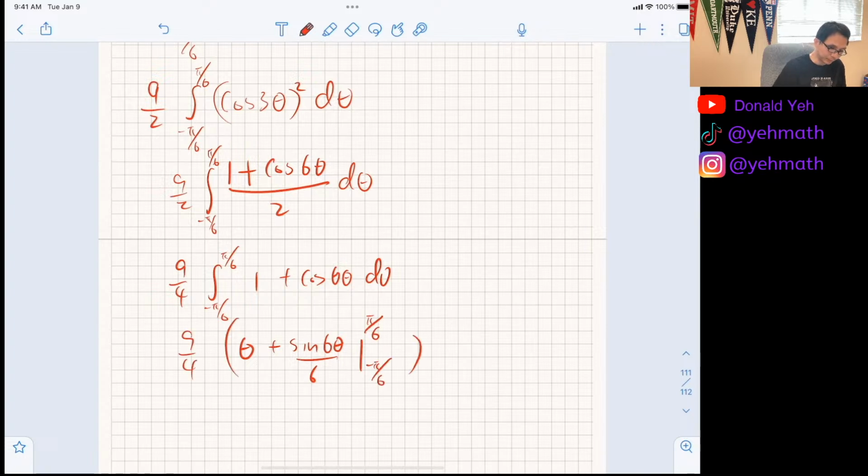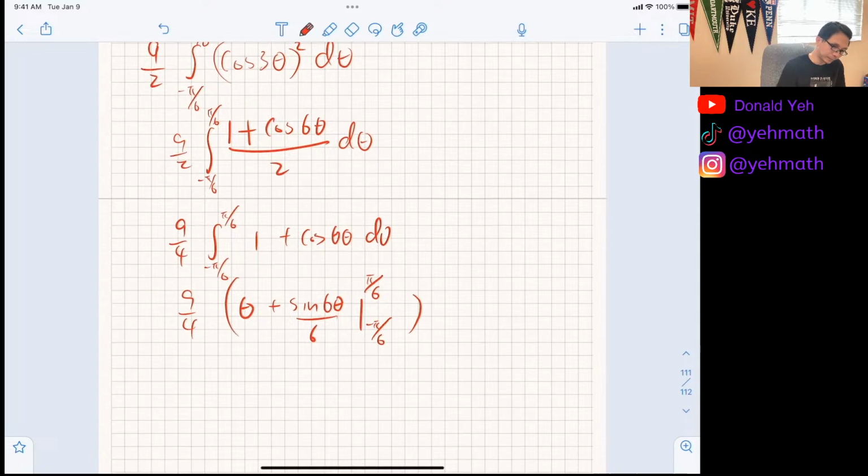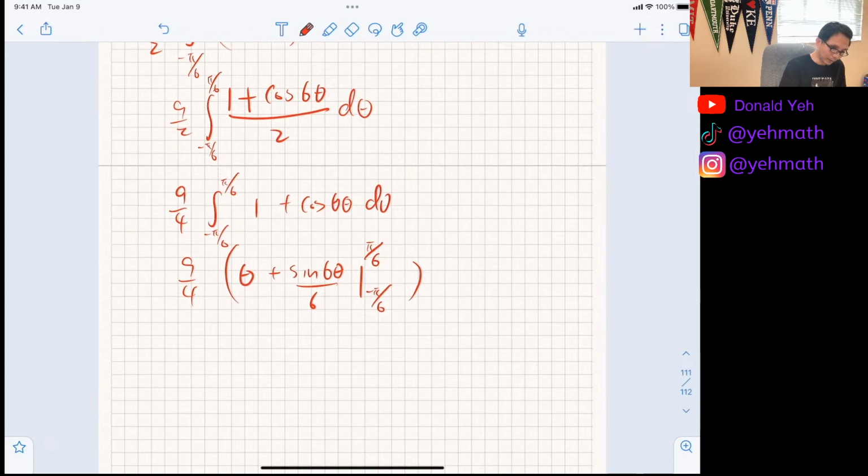Doing it to 0 and then multiplying by 2 is definitely way easier. So 9/4. If I plug in pi over 6, the sine of 6 pi over 6, which is sine of pi, is 0, so it doesn't matter.